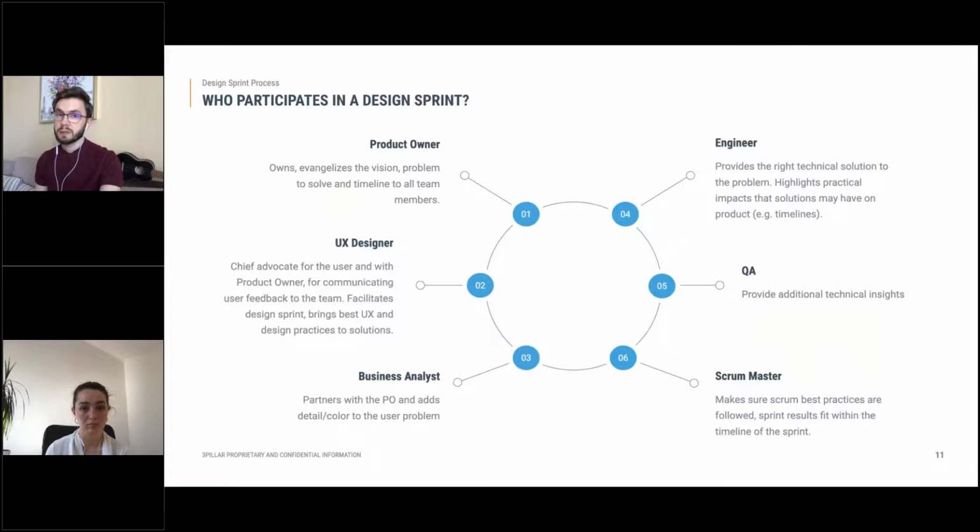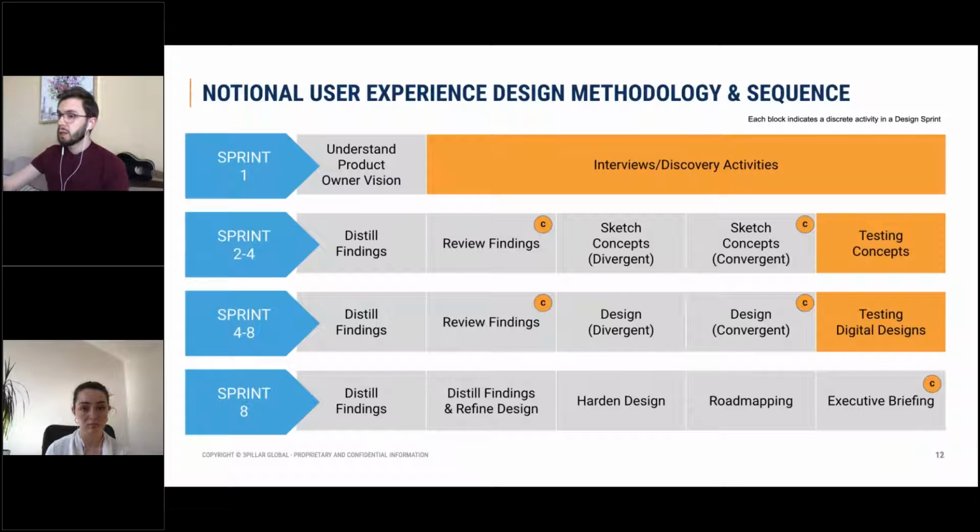Now, in terms of timeline and the way in which we usually structure a discovery project at Tripillar, it would look like this. So it would usually be a project that would take between 4 and 8 weeks. And we would usually start with a discovery sprint. So it won't be a design sprint per se.